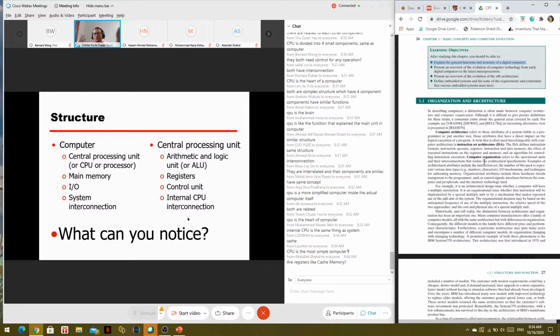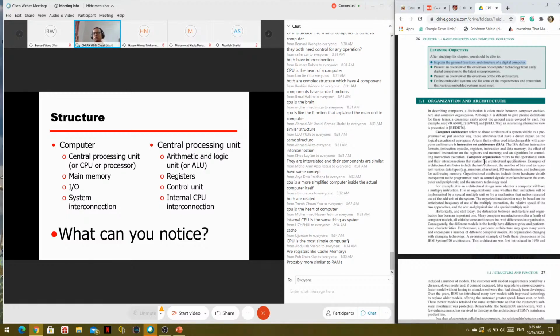The main difference here maybe is between the IO and the control unit. Their functions are not so similar, but we can view that the control unit handles the movement. And of course, in the computer, where does the movement go?